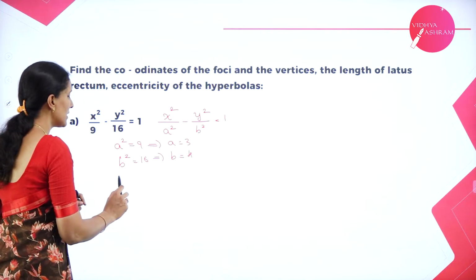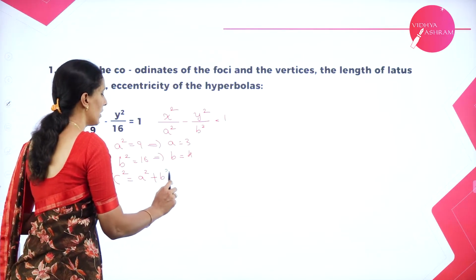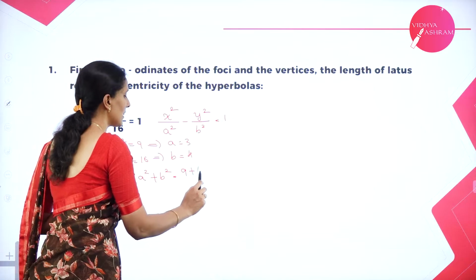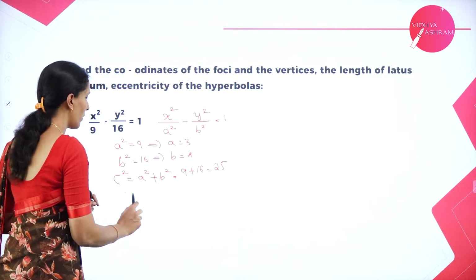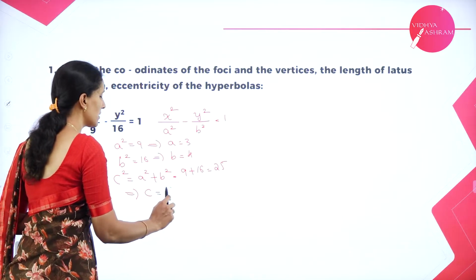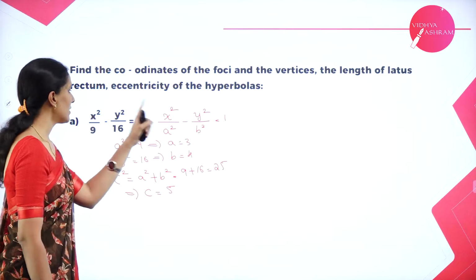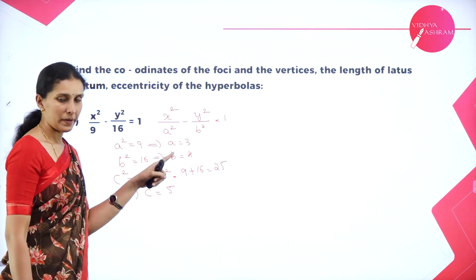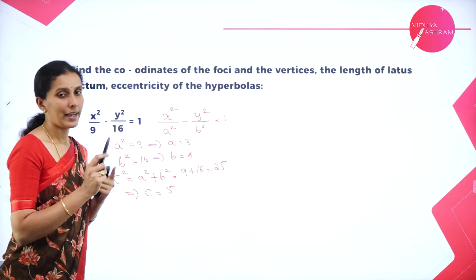So what is c square? It is a square plus b square. That is 9 plus 16 is equal to 25. So if c square is equal to 25, then the value of c is 5. Now let us write the foci. So this type of equation represents the foci and the vertices lying on the x-axis.